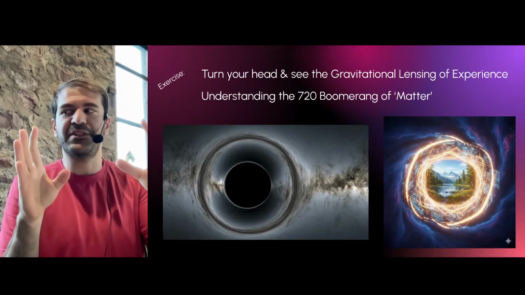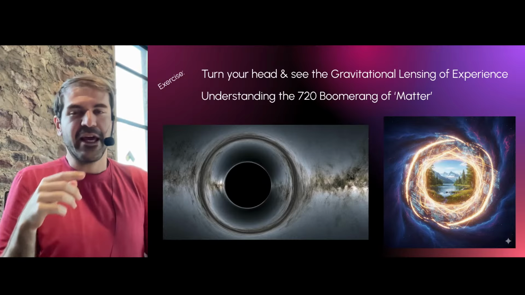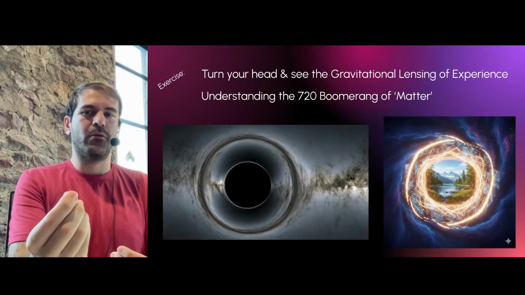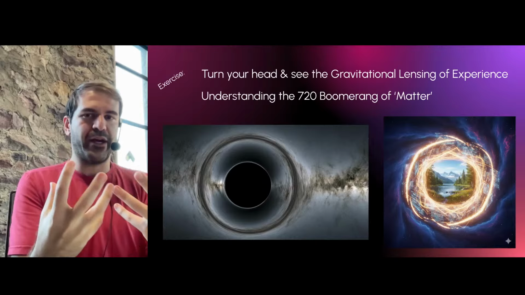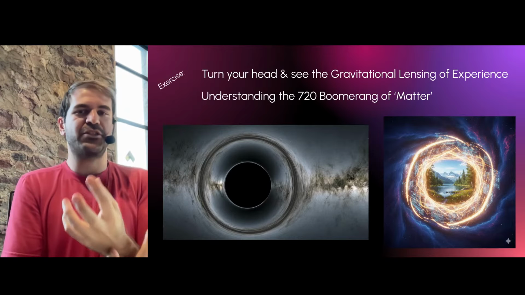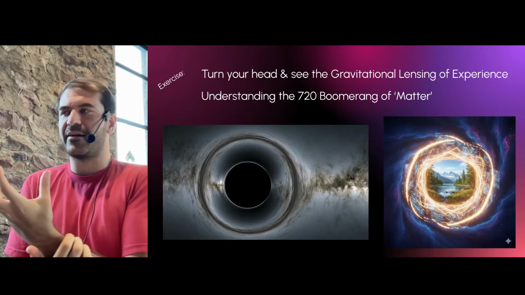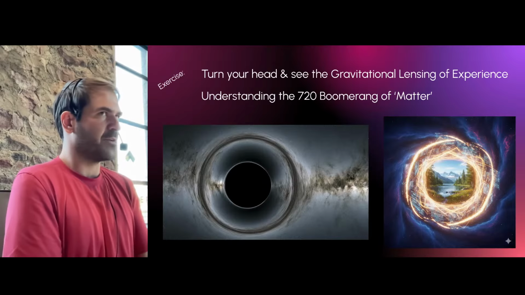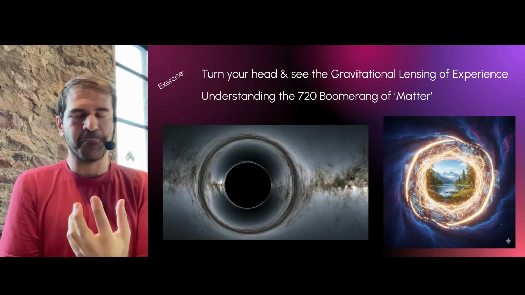If I put my consciousness where that black hole is, which is really a black hole and a white hole, or a Big Bang, at the same time, then I'm seeing that everywhere I turn, I'm actually lensing different holographic information.